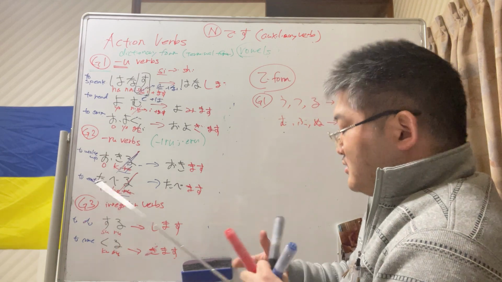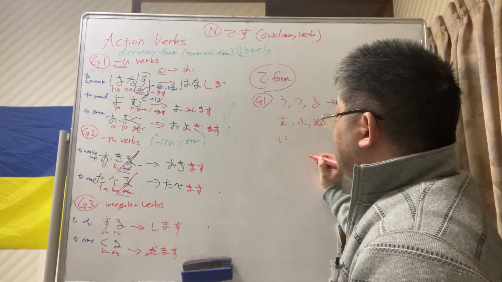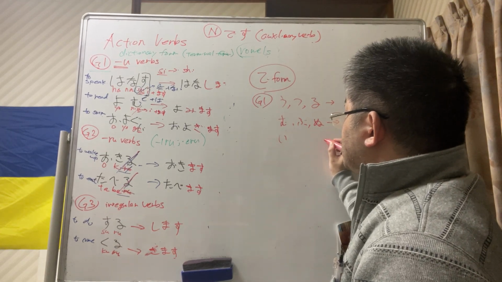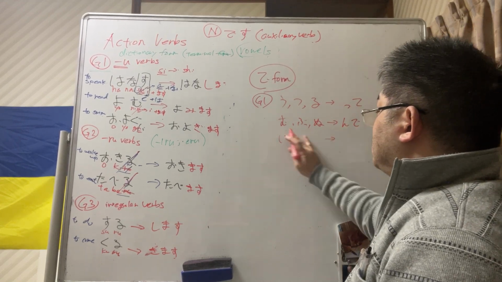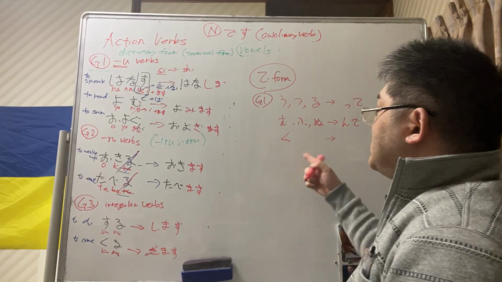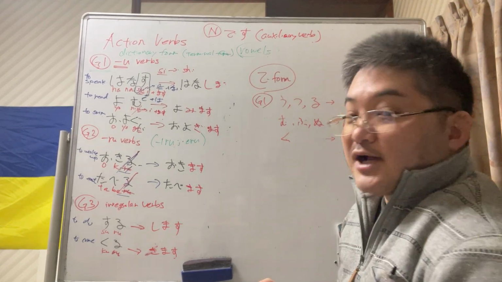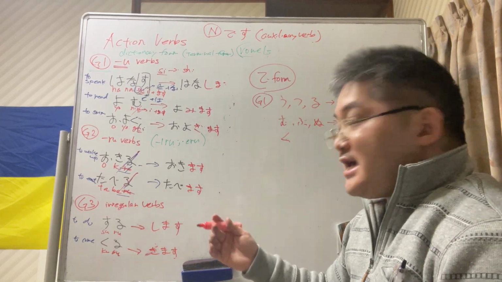And the rest. The one that ends with ku changes into ite. So kaku, to write, becomes kaite.